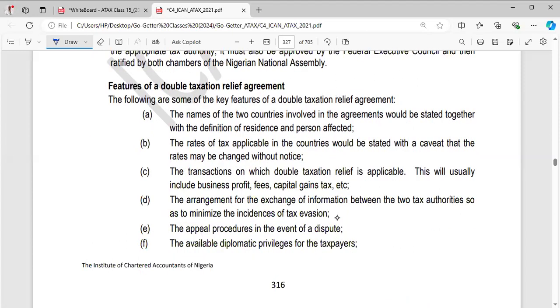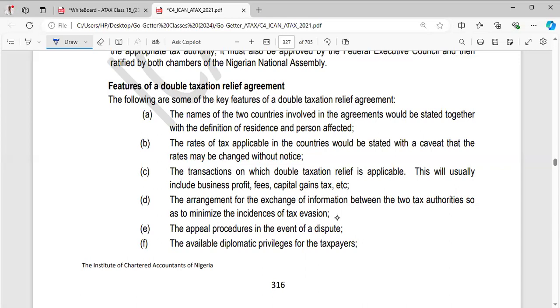Some of the key features of double taxation relief agreements is that the names of the two countries involved will be stated together. So it means a bilateral agreement between Nigeria and US, with the definition of residents and persons affected. So what is going to be the definition of residents in Nigeria?